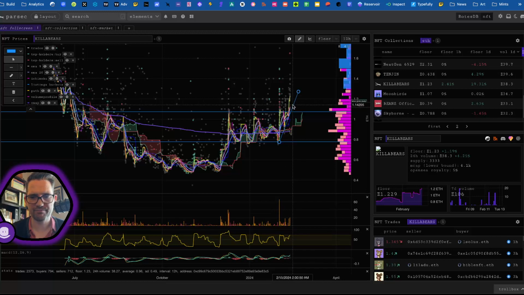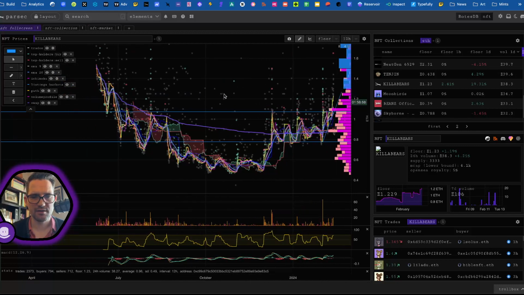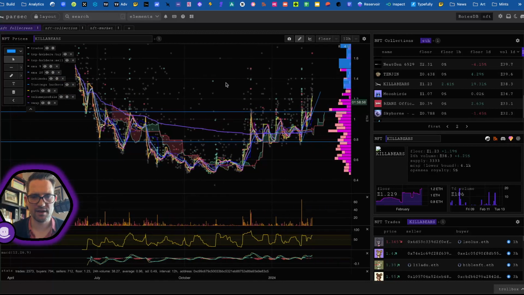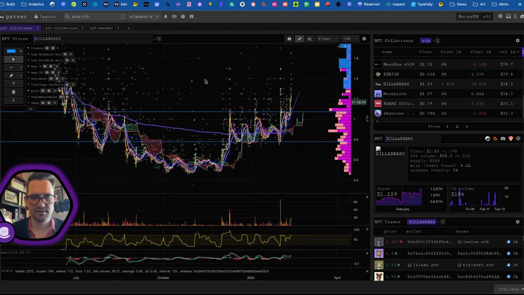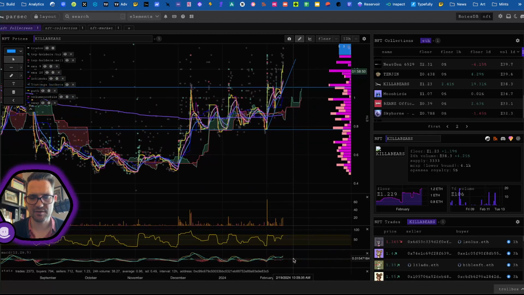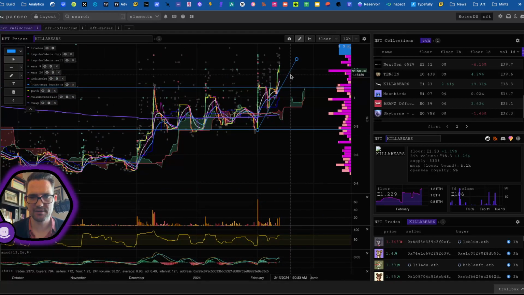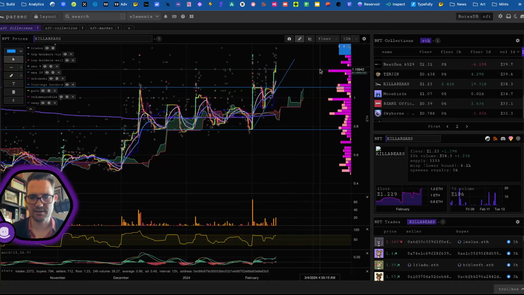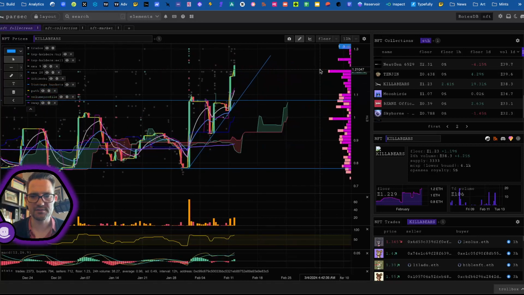Maybe a bit of a pullback to 1.1 and then continuation upward. I like this a lot. So maybe a short-term pullback, and then a continuation of this trend. It looks pretty good.